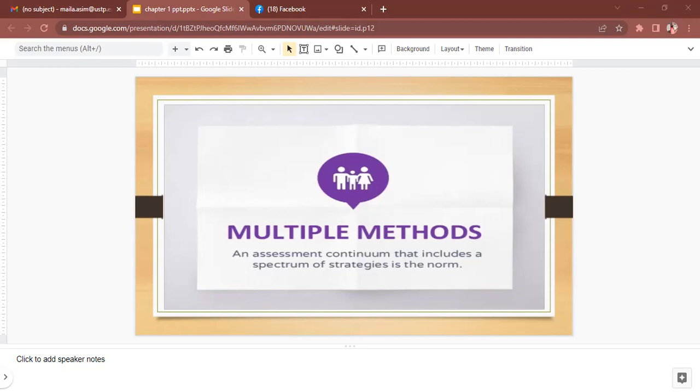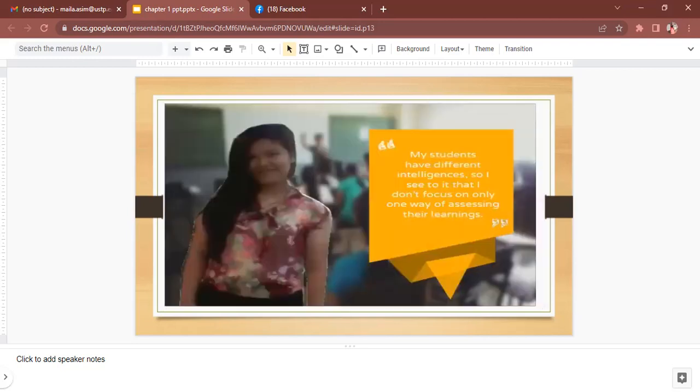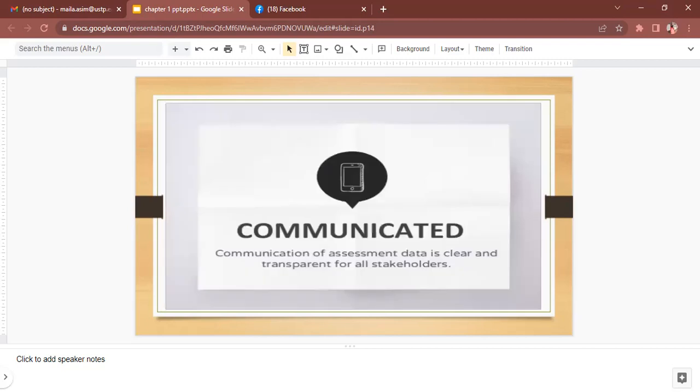So kinahanglan nga daghan ta gamiton nga methods sa atong students because lahi-lahi ang ato ang students. Okay, so according to her, my students have different intelligences, so I see to it that I don't focus only one way of assessing their learnings. Instead, guys, we should focus on different ways of assessing the learning of the students.